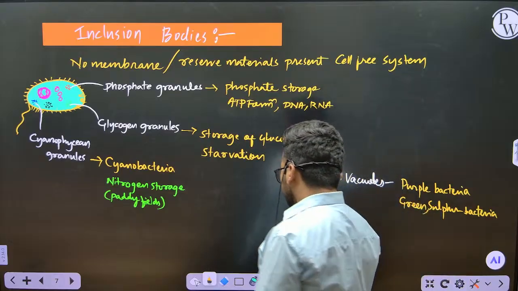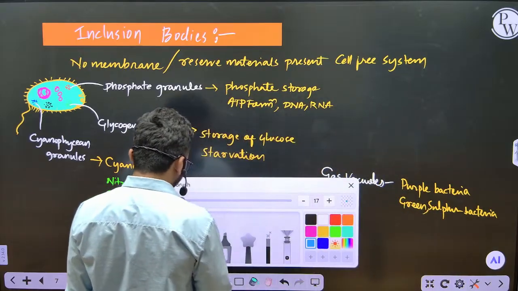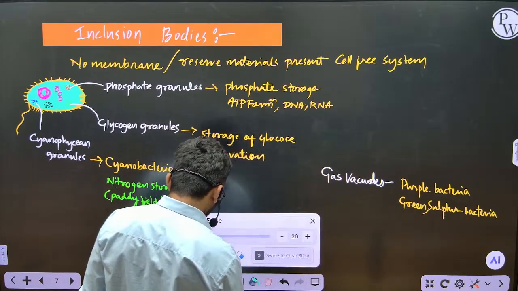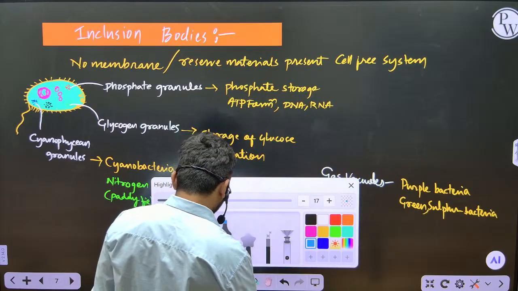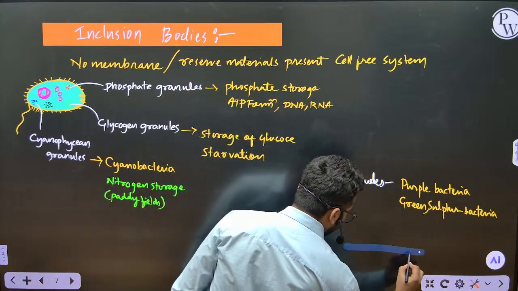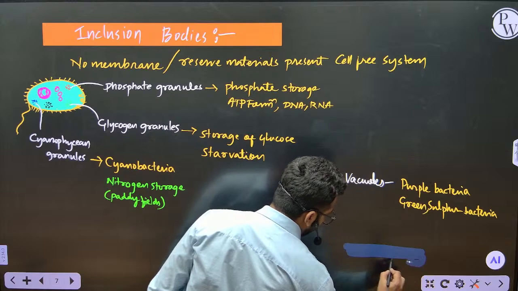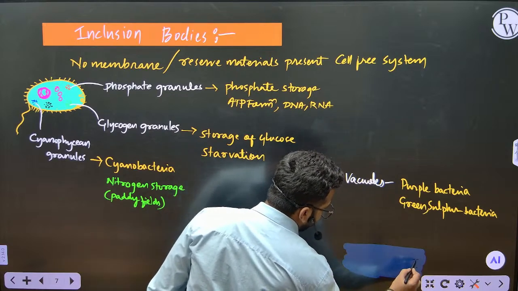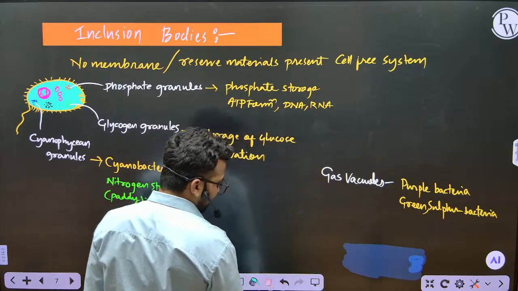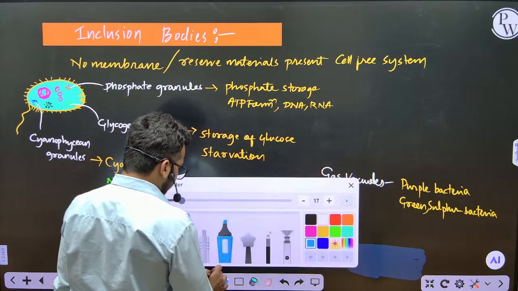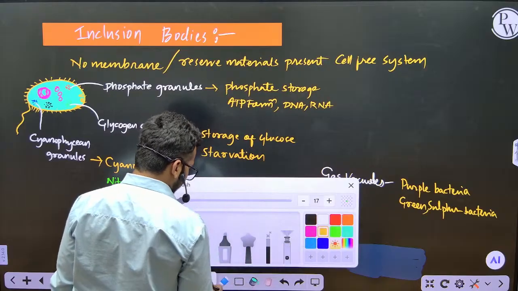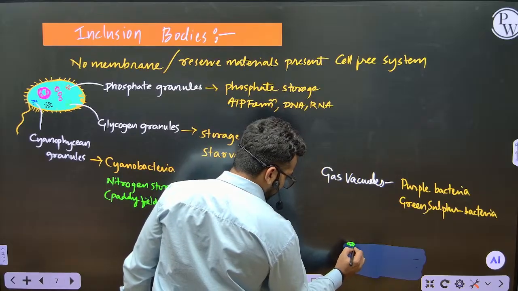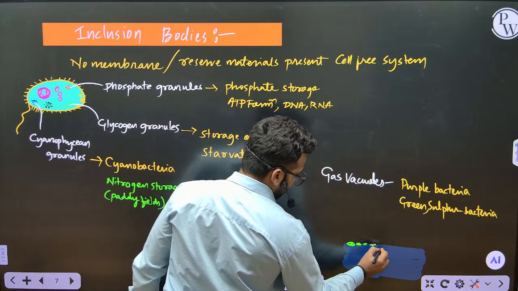Think that a bacterium is living where water is present. Now this bacterium requires food, so it will come up to the surface layer and float on the surface.